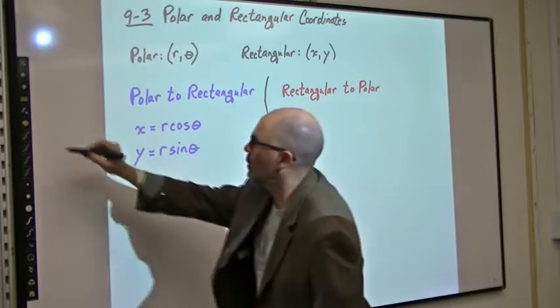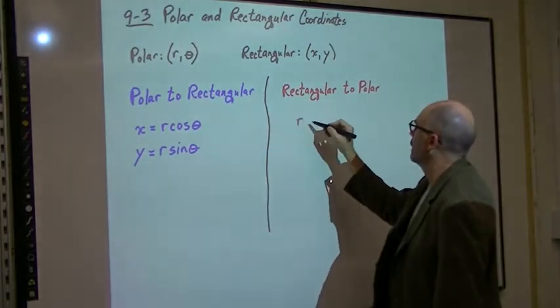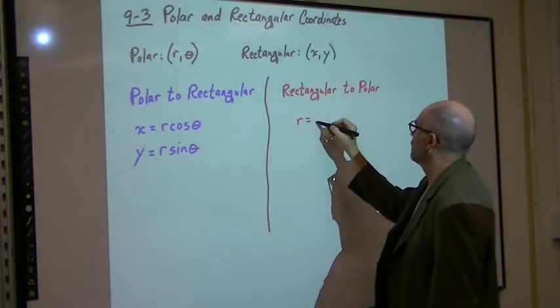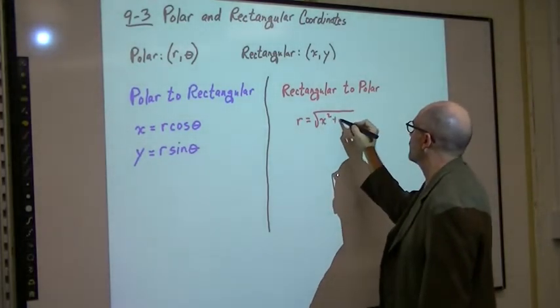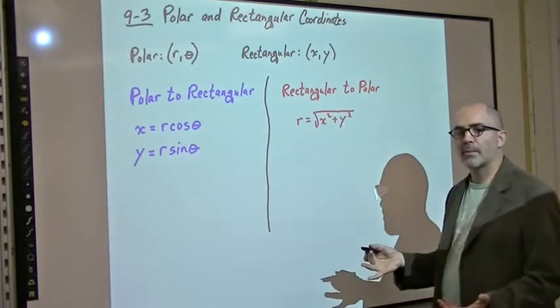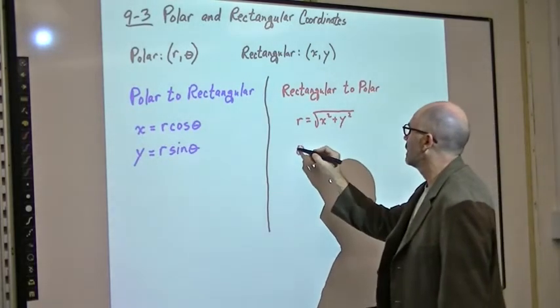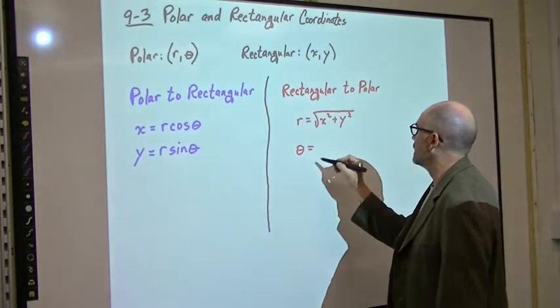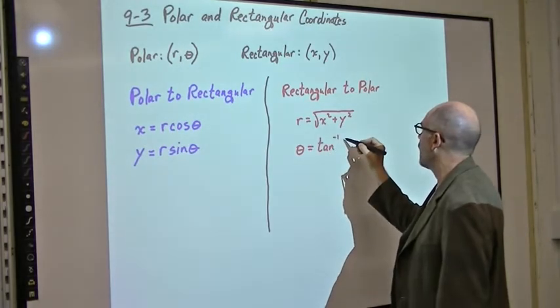Okay, so r is going to be the square root of x squared plus y squared. The radius is basically your hypotenuse. And the theta is going to equal inverse tangent of y over x.